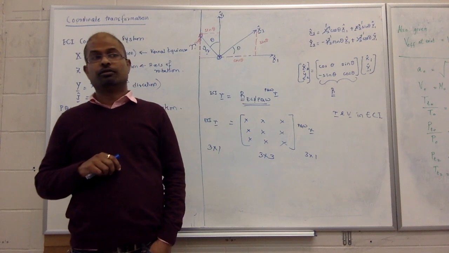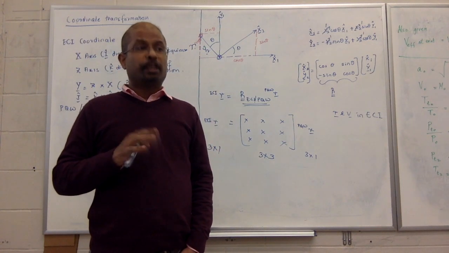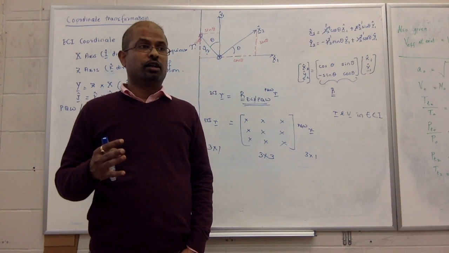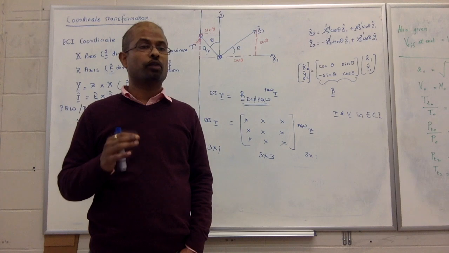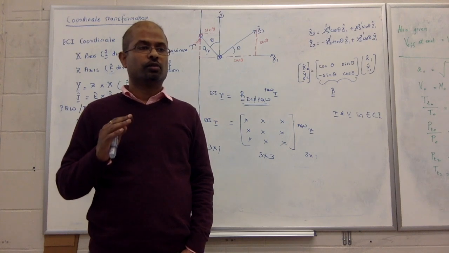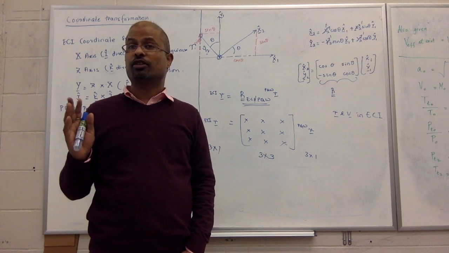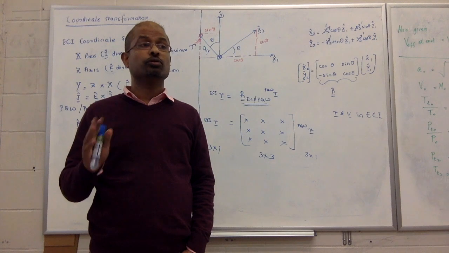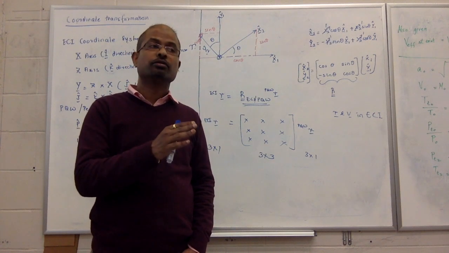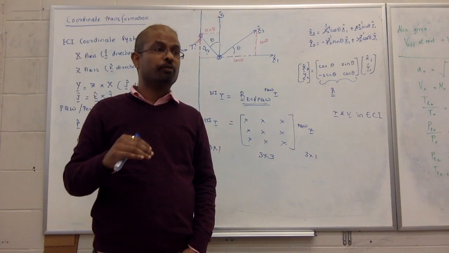Will you ever ask it in a reverse way, when you ask it to convert? For this exam, I'll try to keep it as simple as possible. What we'll focus on is right ascension declination to geocentric orbital elements.